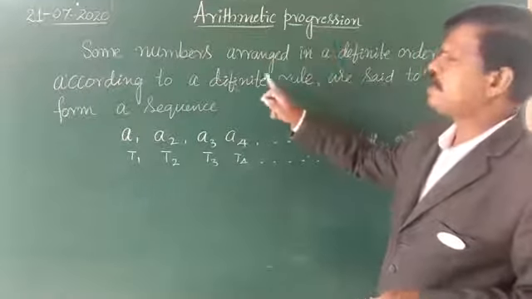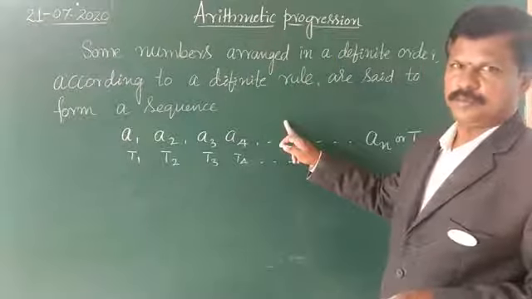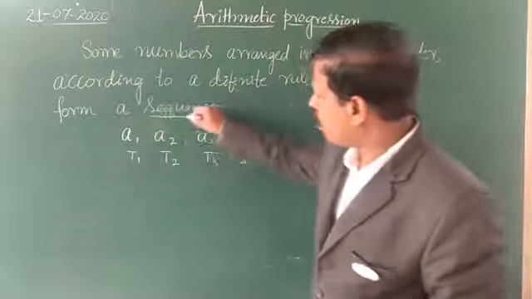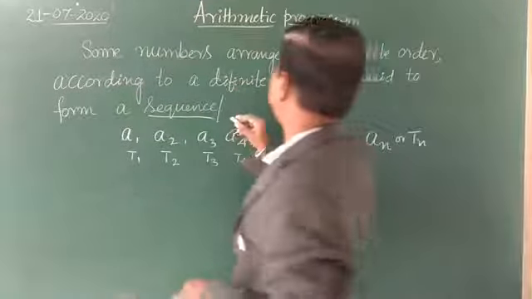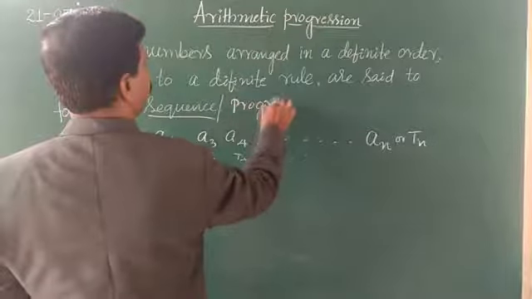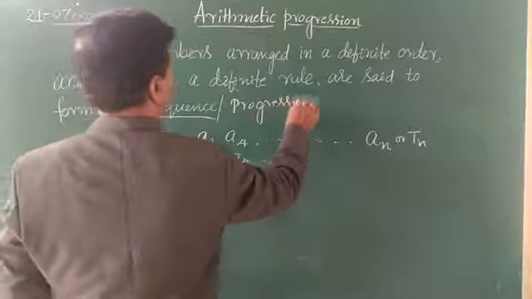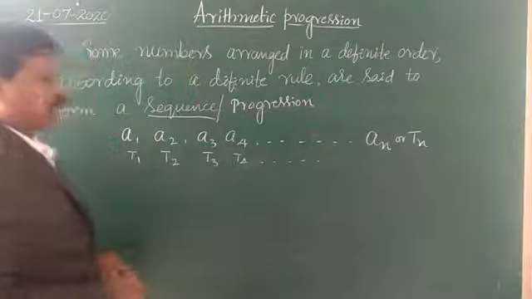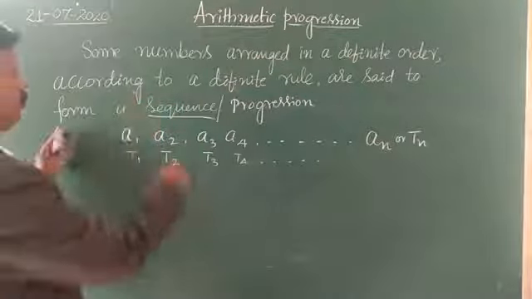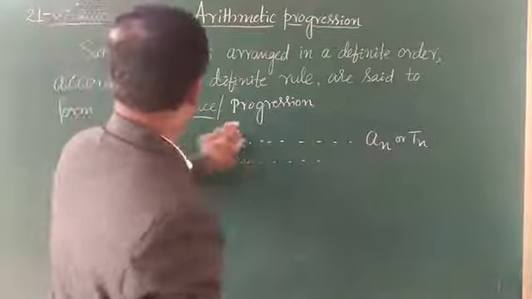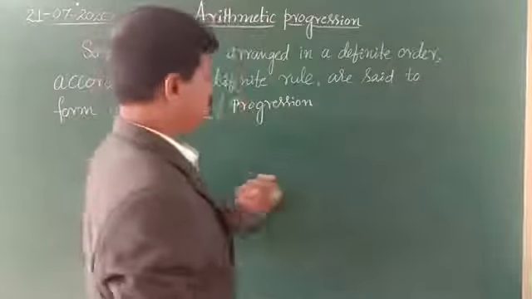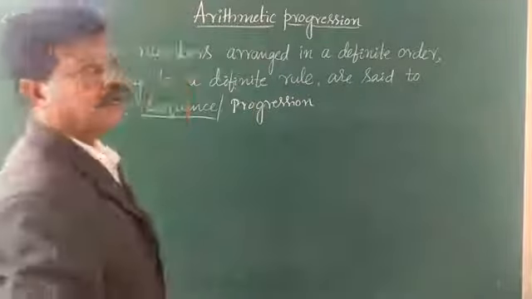Here the sequence is a progression. Clear? It is called a sequence or progression. According to the definition, the difference between any two consecutive terms is constant.